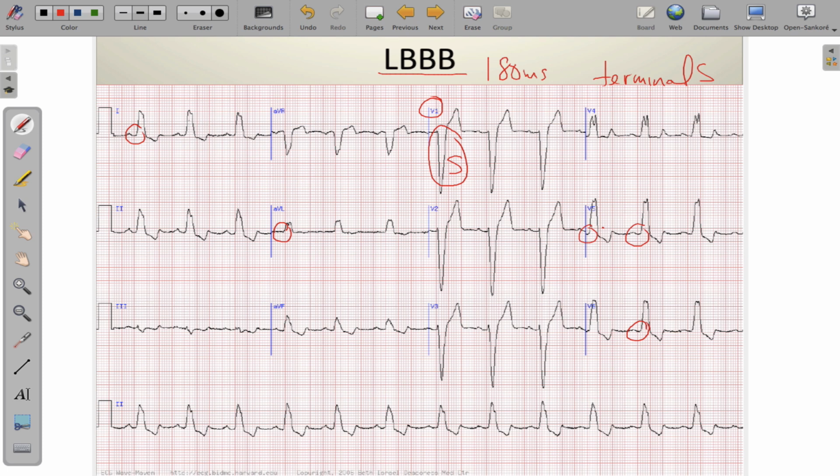In other words, do the QRS complexes and the T wave forces oppose one another? And in fact, if you look at this, they do in each and every single one of those leads. They oppose. So we have upright QRSs, we have negatively oriented T waves. This is called appropriate discordance in left bundle branch block. All right, so this is the pattern of left bundle branch block.